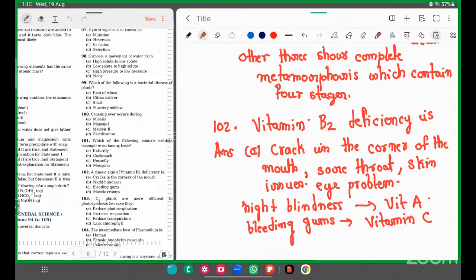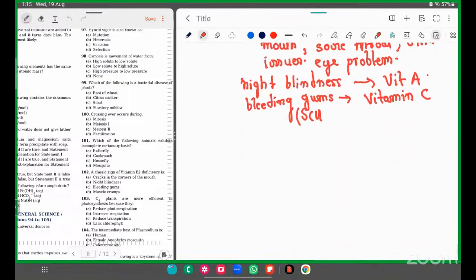Sometimes in the exam, the option can be given as scurvy instead of bleeding gum, so don't get confused. Write it as vitamin C.